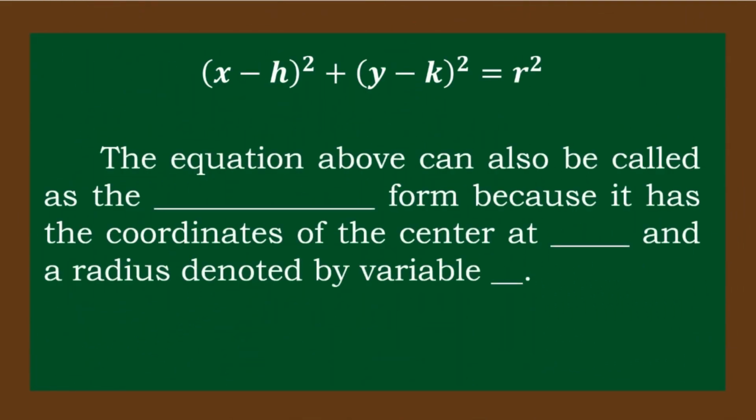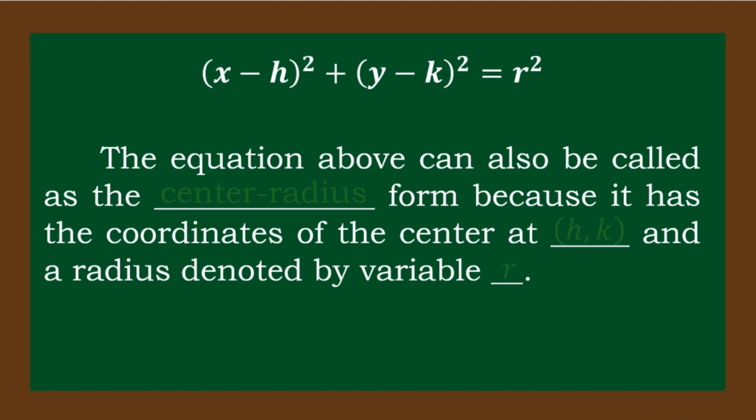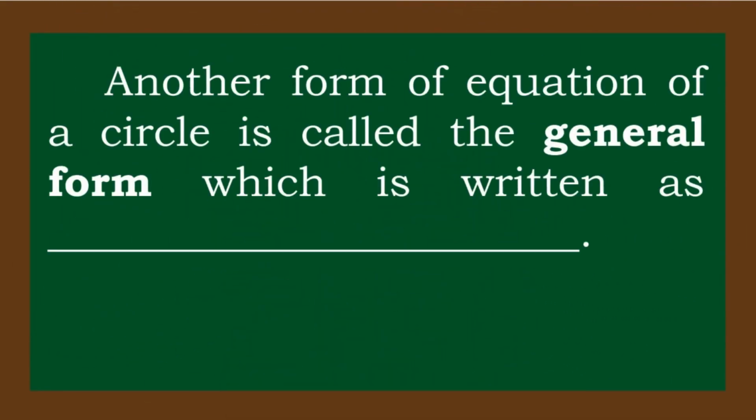The equation above can also be called as the blank form, because it has the coordinates of the center at blank and a radius denoted by variable blank. Another form of equation of a circle is called the general form, which is written as blank.